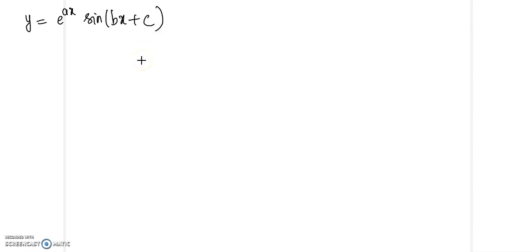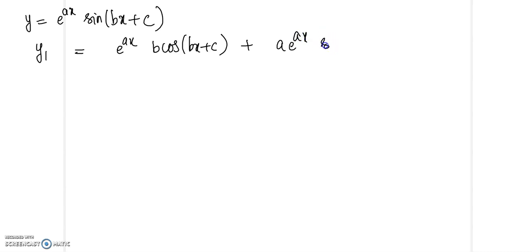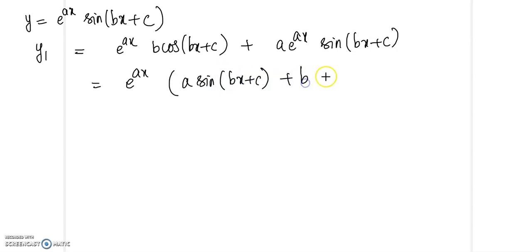Now for this function, when we take the first derivative by product rule, that is e raised to ax into b cos(bx plus c) plus a e raised to ax into sin(bx plus c). So that will be e raised to ax [a sin(bx plus c) plus b cos(bx plus c)].